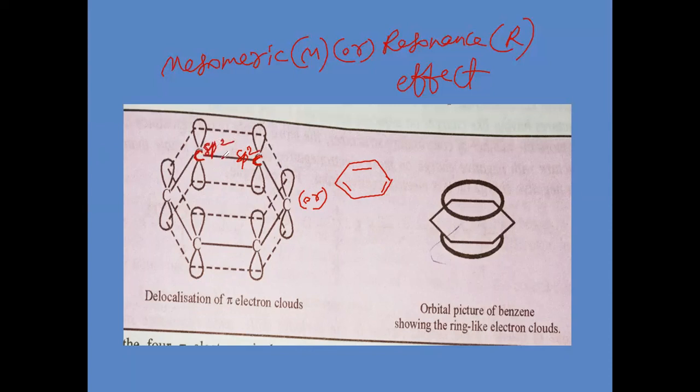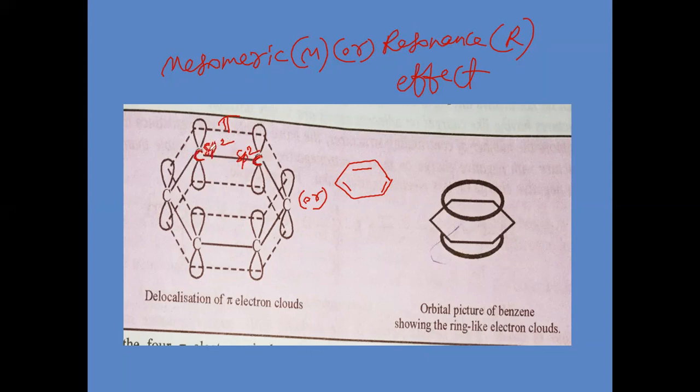In every sp2 carbon there will be an empty p orbital. Between two empty p orbitals, what will be forming? A pi bond will be formed. One pi bond will develop between the p orbital of one sp2 carbon and the p orbital of another sp2 carbon. Already between the carbons, one sigma bond is there.